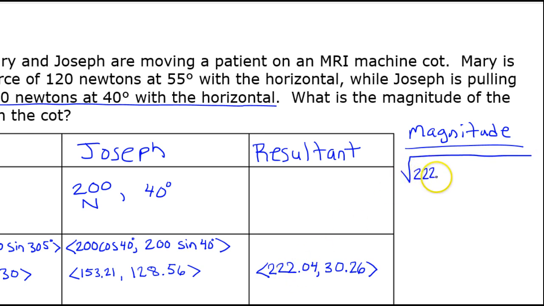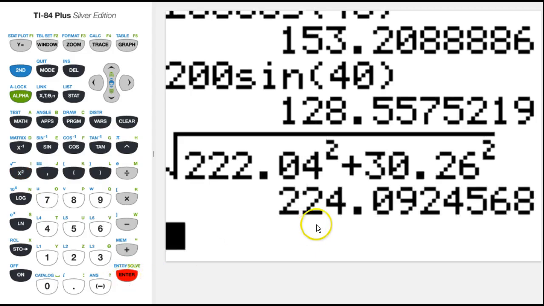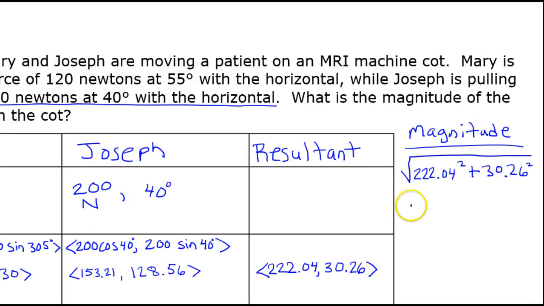So if I take 222.04 squared, and then I add 30.26 squared, and then I take the square root of all that, that should be the magnitude. I'm just going to put that in my calculator. So here I've typed it in my calculator. Boom! 224.09. That's the magnitude. Let's record it right here.